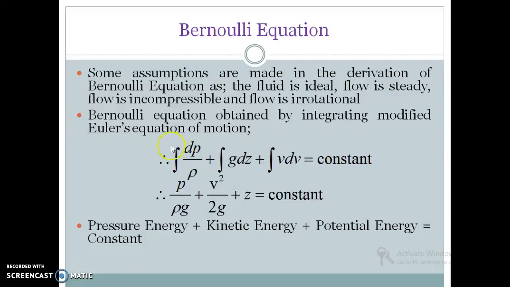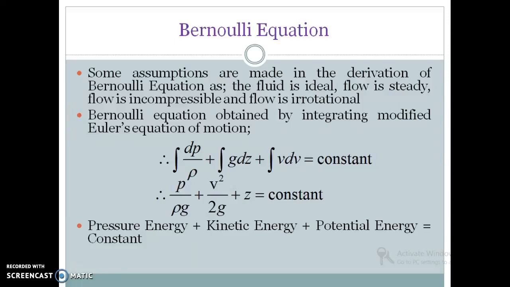After simplifying, we have P upon rho g plus V square upon 2g plus z is equal to constant. Earlier, in Euler's equation, the first three terms were equal to 0; by taking integration, we have this constant.